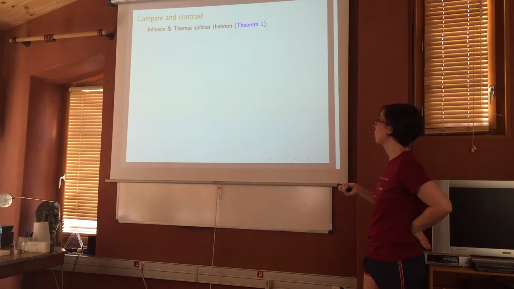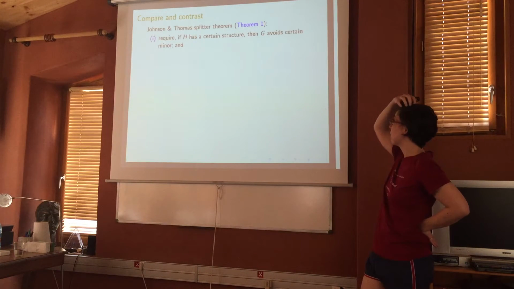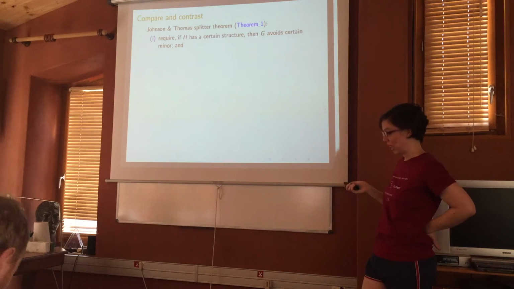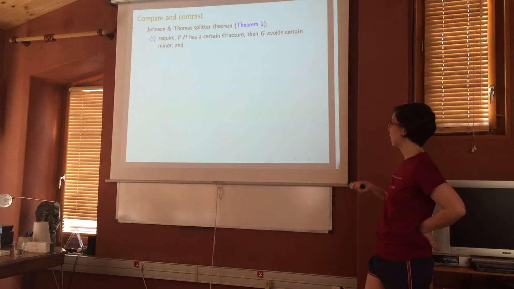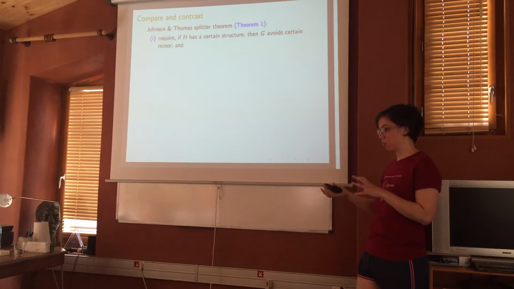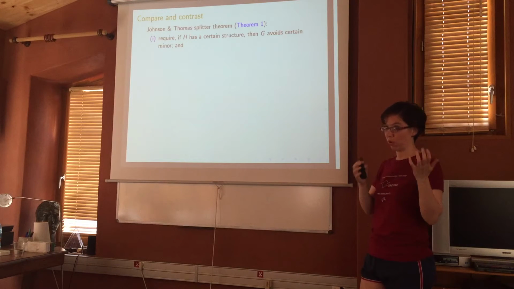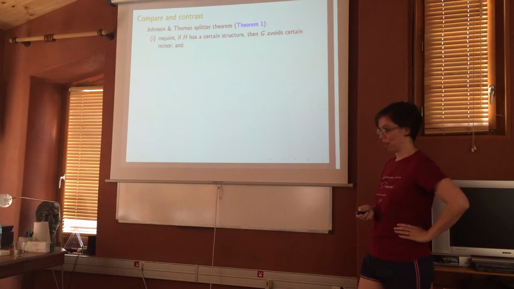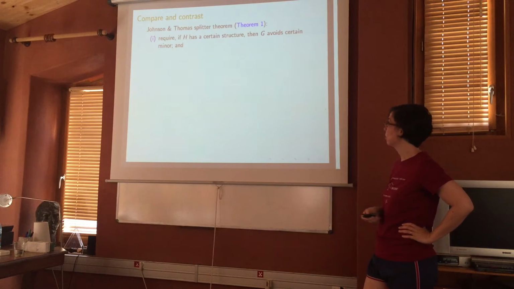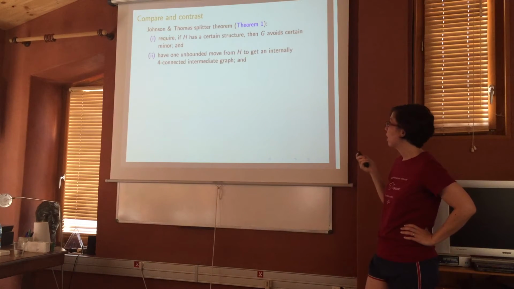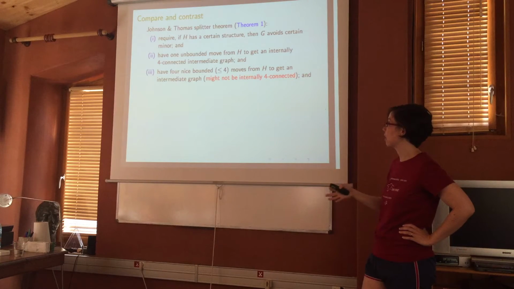So that's pretty exciting. So compare and contrast. The splitter theorem that Johnson and Thomas did, they require that H has a certain structure. Basically, if you have H being like a cubic ladder, then you don't have a bigger quartic ladder as a minor in G. They have one unbounded move from H to get an internally four-connected intermediate graph.